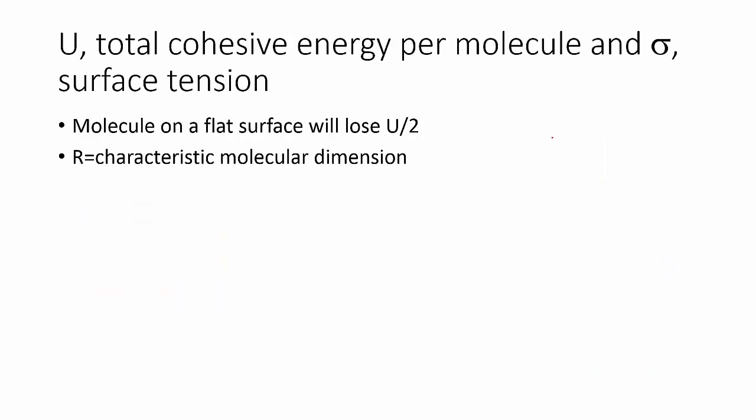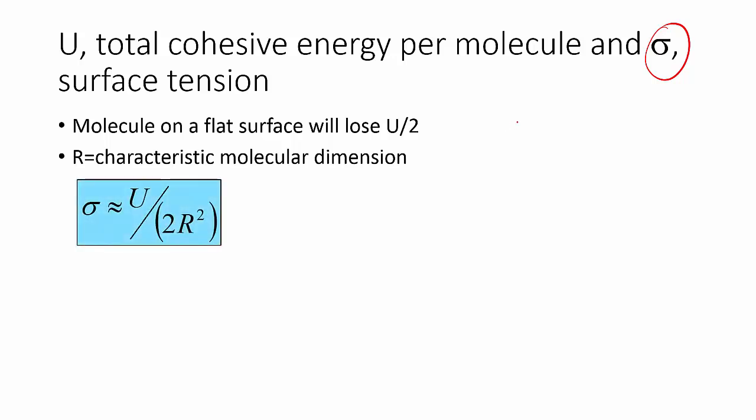If we look at U, and we call U the total cohesive energy per molecule, and sigma is the surface tension, what we see is that on a flat surface like we saw before, the total cohesive energy is U, and the molecules that are on the surface will lose half of that energy.